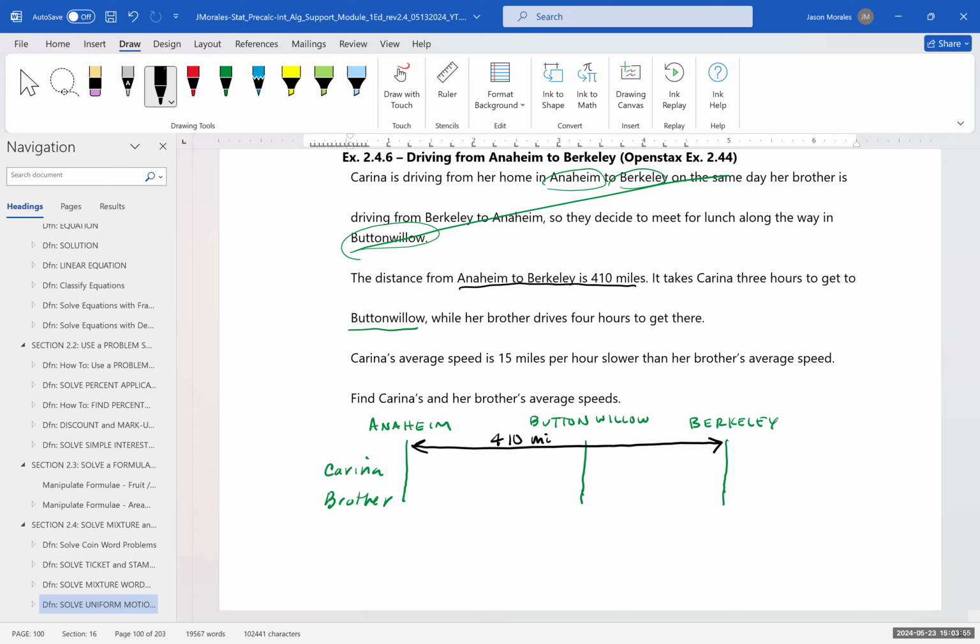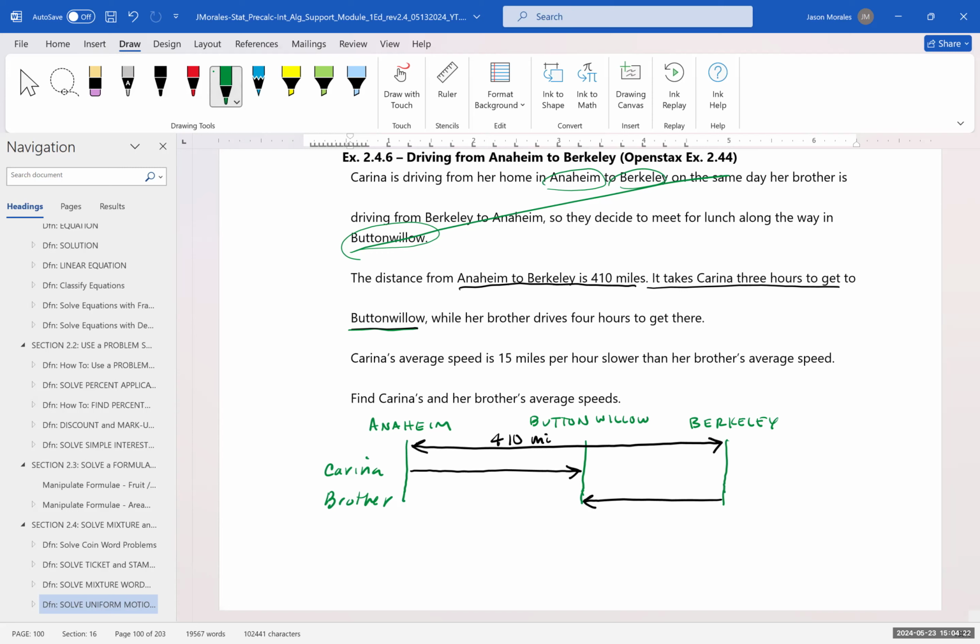It takes Karina 3 hours to get to Buttonwillow. All right, so Karina is going from Anaheim to Berkeley. So Karina is going in this direction, and her brother is going in the opposite direction that way.